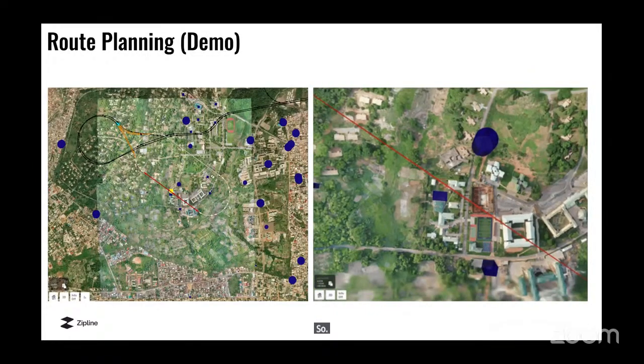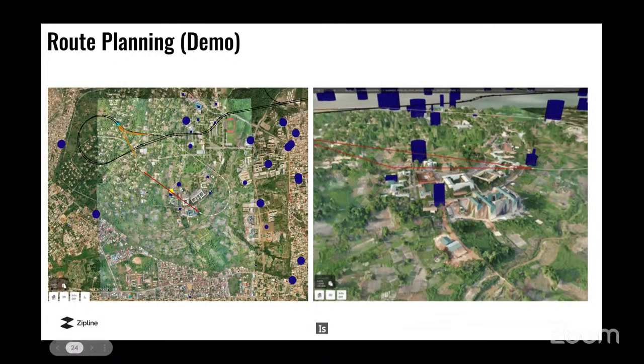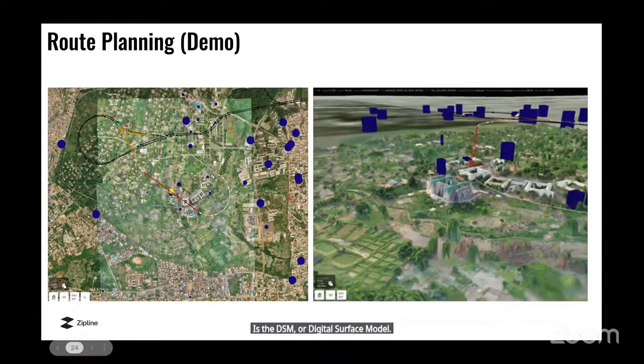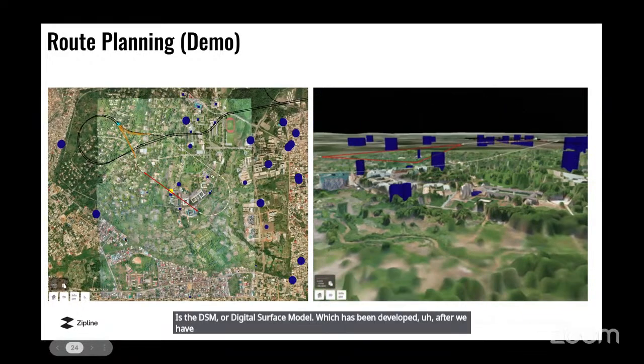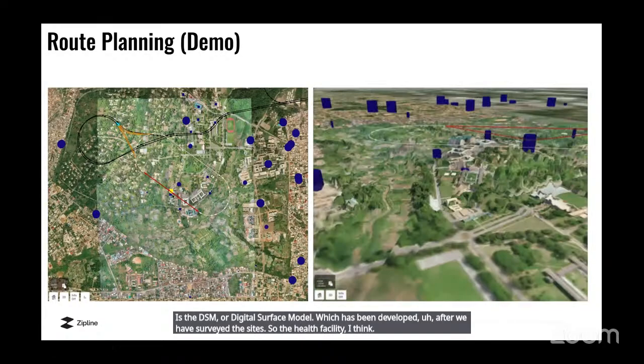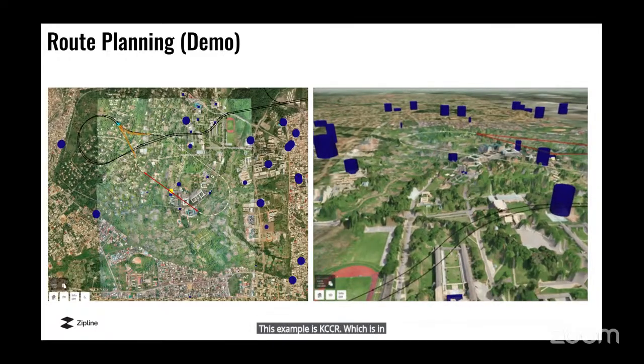So on the left side of the screen, what we have here is the DSM or digital surface model, which has been developed after we have surveyed the site. So the health facility, I think this example is KCCR, which is in Ashanti region.